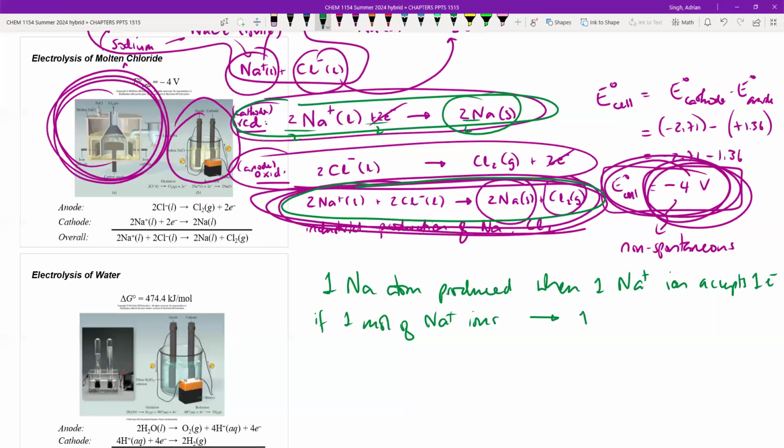Well, we need 1 mole of electrons. And how many is 1 mole of electrons? That's Avogadro's number. 6.02 times 10 to the 23 electrons are required to reduce that 1 mole of sodium ions into sodium metal.